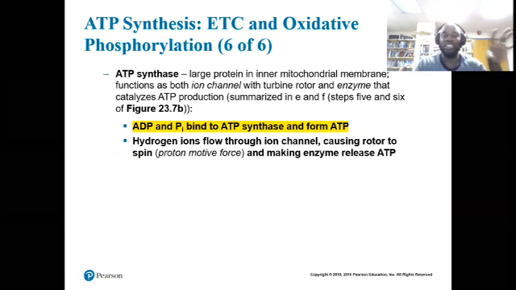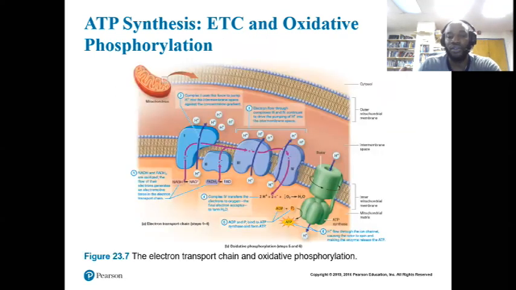So the ADP, adenosine diphosphate, has two phosphorus, and another phosphorus group binds to this ATP synthase, this enzyme, and you form ATP. Hydrogen ions flow through the ion channel, and those hydrogen ions flowing, those electrons flowing, give it sort of like the electricity to make this happen. You saw that in the previous diagram.